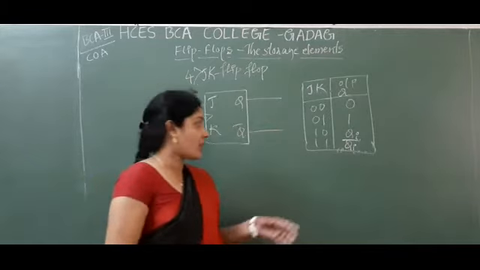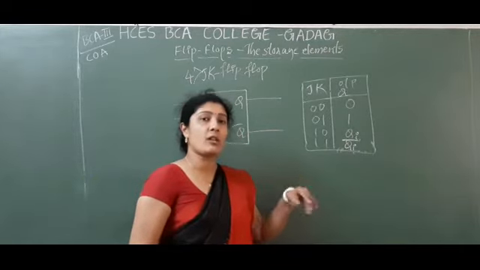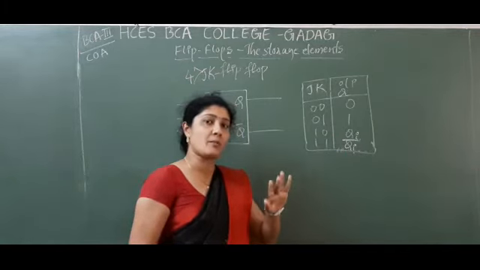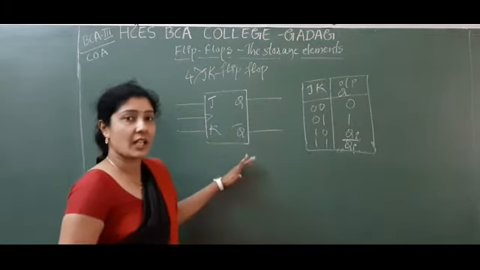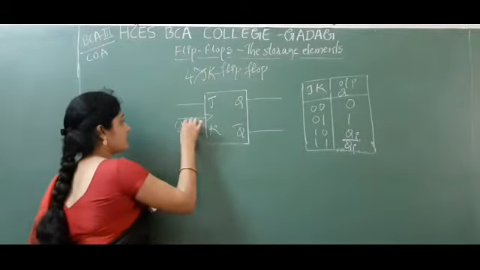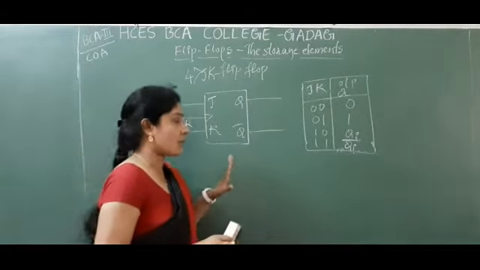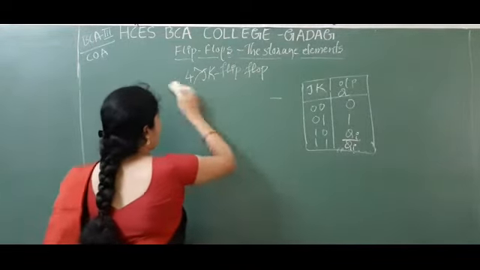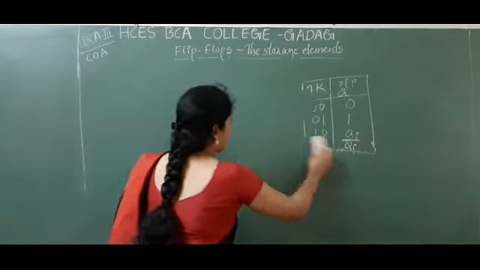What does it mean? That means the output will be complemented. If it is 0, it becomes 1. If it is 1, it becomes 0. So this is about the JK flip-flop. And this is the clock as usual. Okay. So this is about flip-flops. For your syllabus, you have only 4 flip-flops.